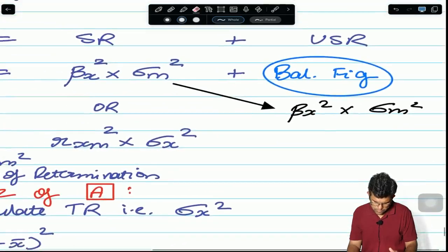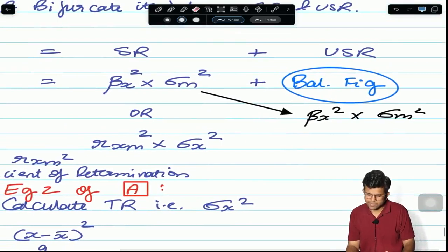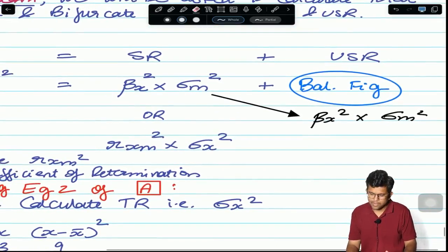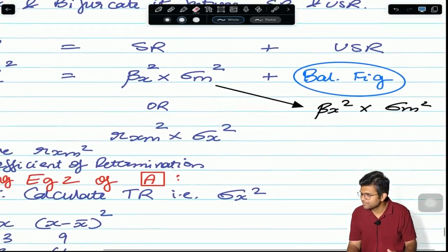Huh? I was just thinking something mathematical. It just came to my head and it just vanished. Just give me 1 minute.